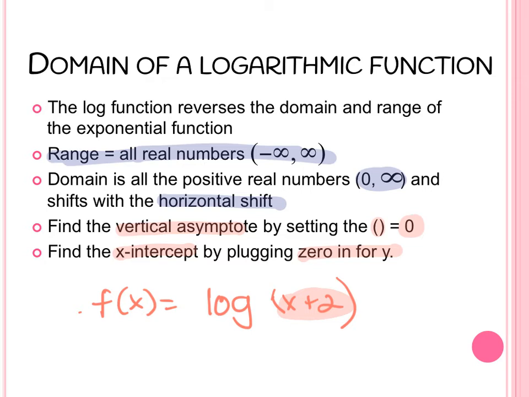So I move my vertical asymptote from 0, 2 places left to -2. That's one way to look at it. The other way is simply set that equal to 0, and I get x equals -2, and that's my vertical asymptote. Oh, so that's just saying whatever's in the parentheses? Yep. So what about if there's nothing in the parentheses? Then you know it's x equals 0, right? Exactly.